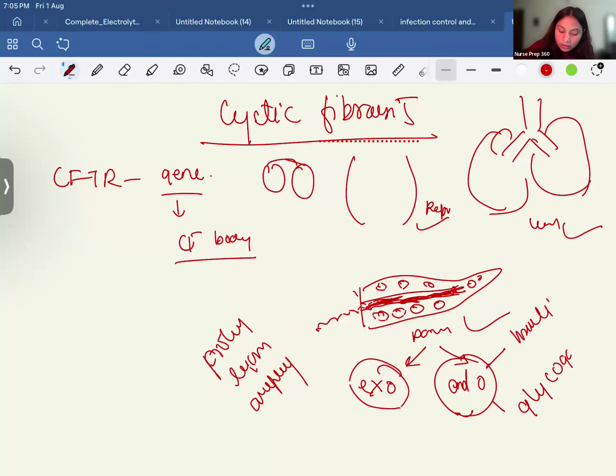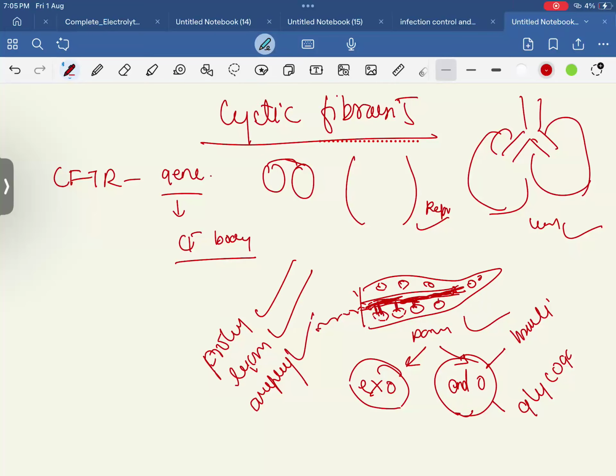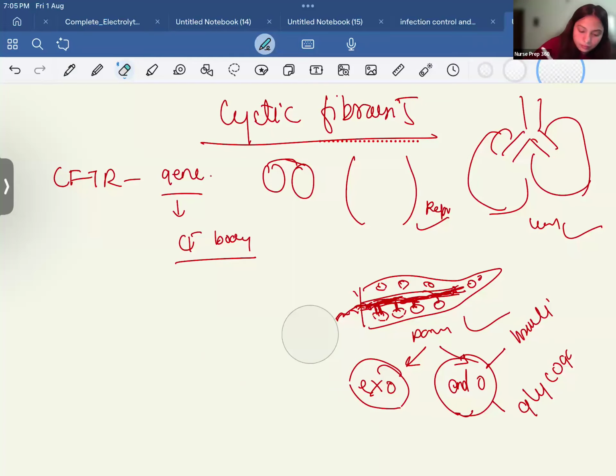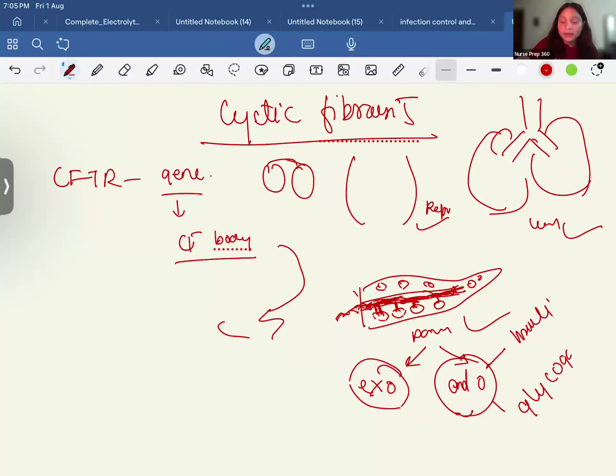So whenever protease, lipase, amylase want to go out through the duct, will they be able to? No, because the secretions are very thick, preventing them from going out. So what will happen? The body pours the secretion into the small intestine, near the liver.